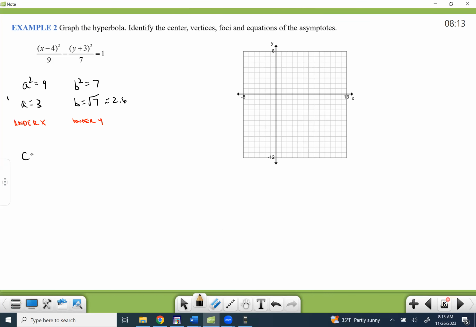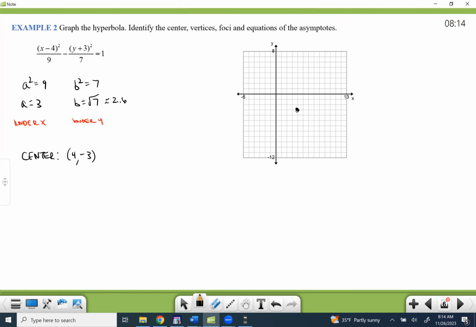Okay, so the center is pretty easy. You guys have been doing it, honestly, all semester long when we did circles at the beginning of the semester. You always change the sign of whatever you're pulling out of parentheses. So this is going to be 4, -3. So that's going to be the center for this hyperbola.